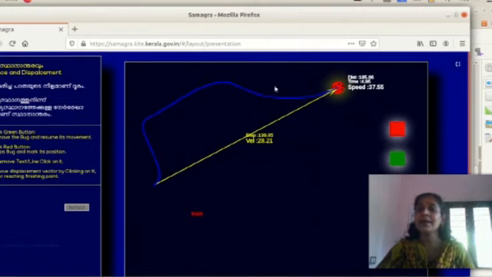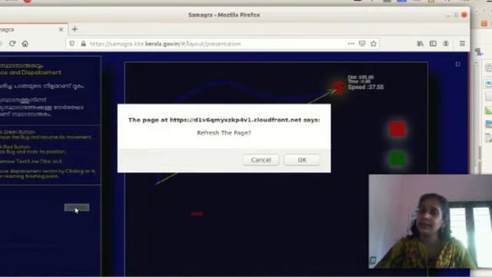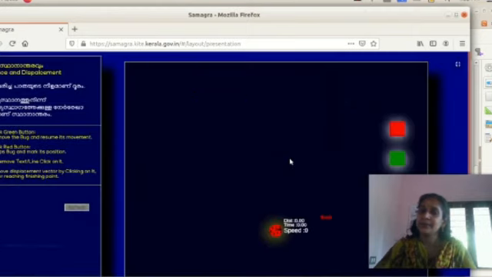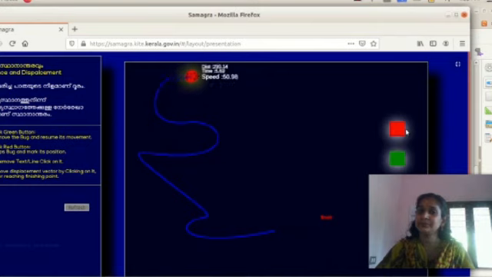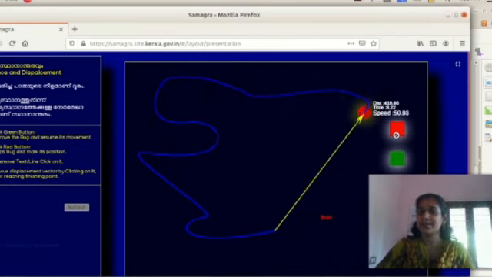The blue color represents distance covered. We can look again. Yes, the yellow shows the straight line.